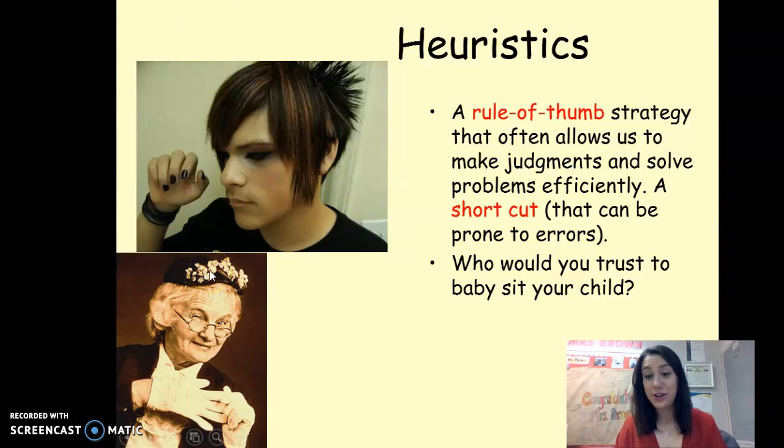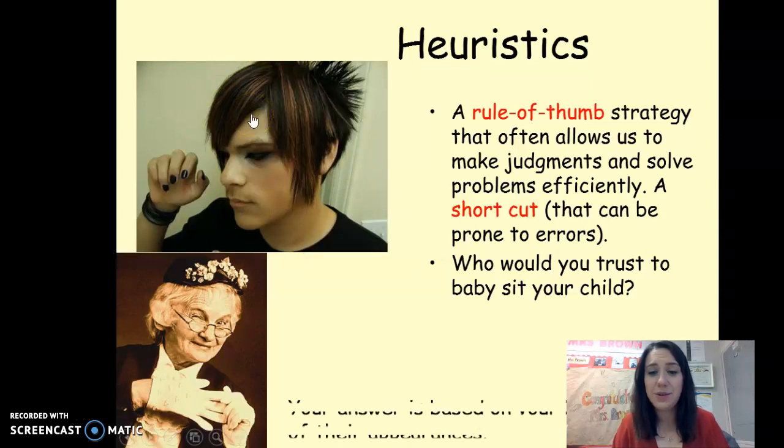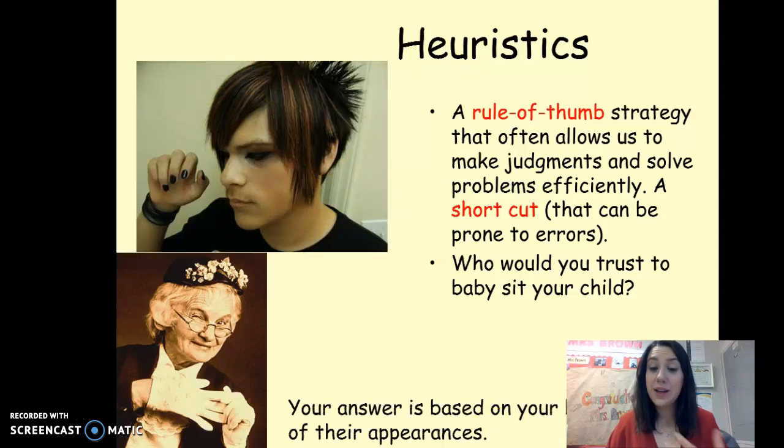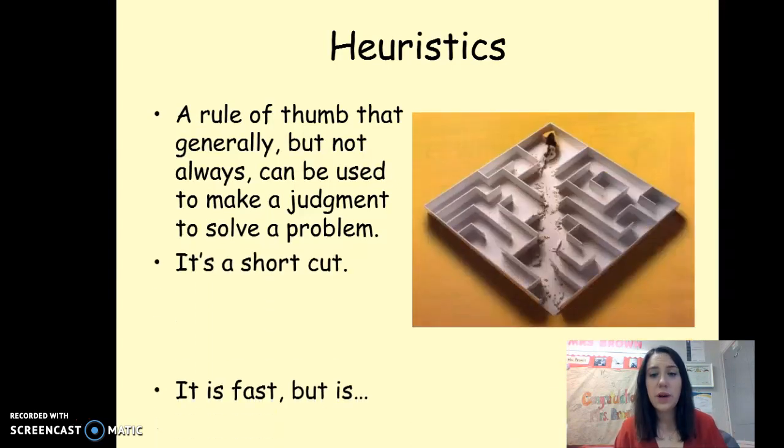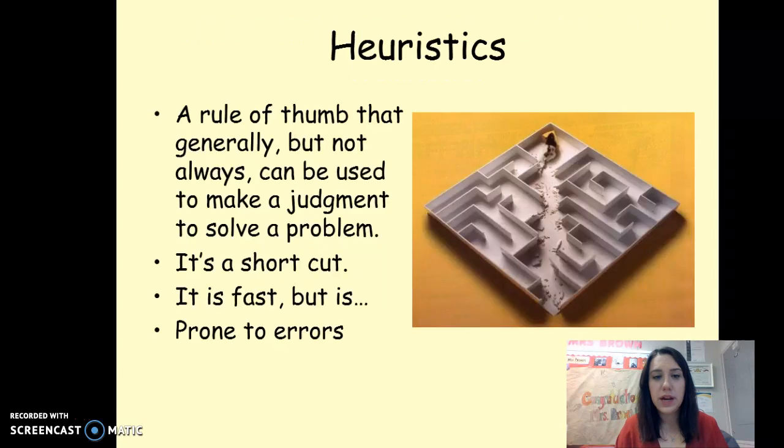But you're using a heuristic to make that decision when in reality, the grandma might be senile and not really remember that your kid is there, and this guy might be totally responsible, like a straight A student who has taken babysitting classes. So if you answer based on your heuristic of their appearances, that can lead to errors in judgment. Again, rule of thumb, you can solve a problem, it's quicker, but it's more prone to errors.